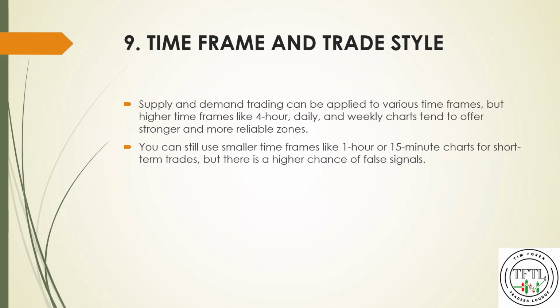But does this mean that supply and demand does not work even on the lower time frames, like 1 hour, 30 minutes? No. Like I always say, price is fractal, and therefore every strategy will form. Even in 1 minute, you'll find demand and supply zones respecting the 1 minute time frame. But what you need to understand is that the lower the time frame, the less reliable a strategy becomes.